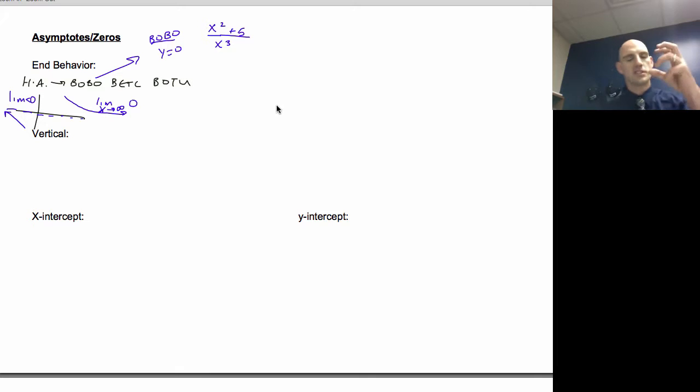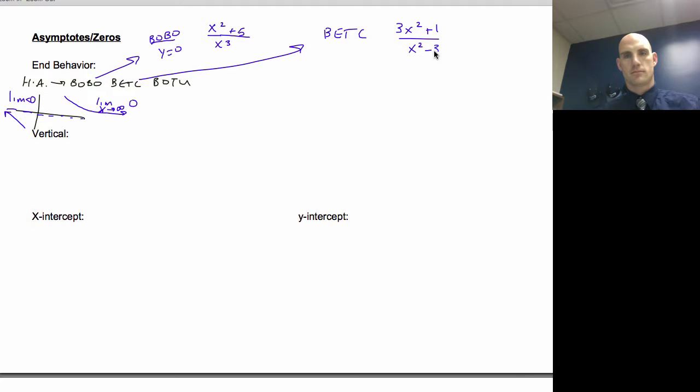So I'm squishing this in because this is review. As far as Betsy is concerned, if we've got bottom equals top, then it's the coefficient, so like a 3x squared plus 1 over x squared minus 3. So our horizontal asymptote would be at 3, so y equals 3. And so our graph would look something like this.